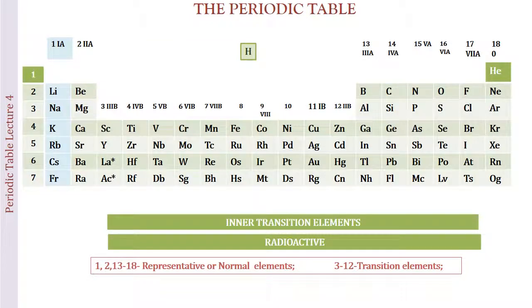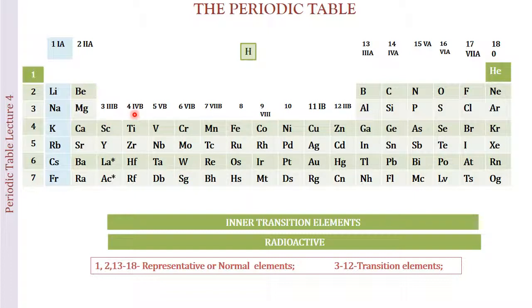Now we will be discussing the groups, and if you see, we have the groups from 1 to 18, but along with this 1 to 18 there are some other things written. For the first group I have written 1A, 2 is 2A, 3 is 3B, 4 is 4B. So what are these?